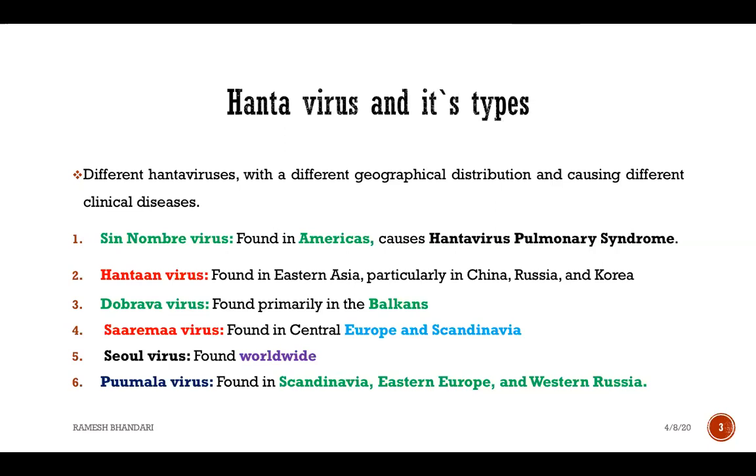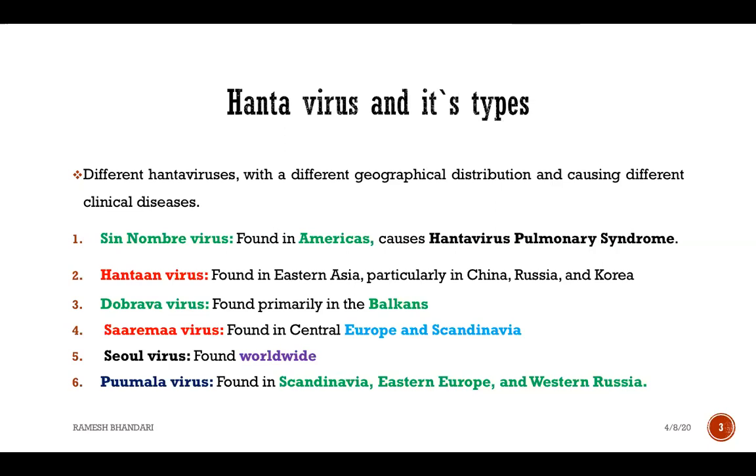The third strain of hantavirus is Bravo virus, which is generally found in the Balkans. The fourth strain is Saaremaa virus, which is generally found in Central Europe and Scandinavia.